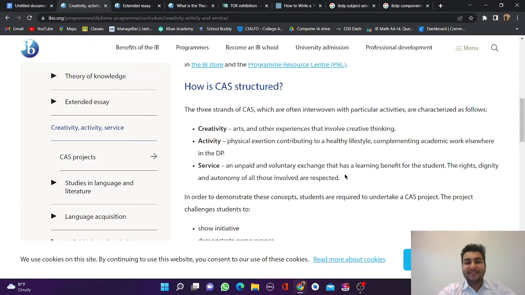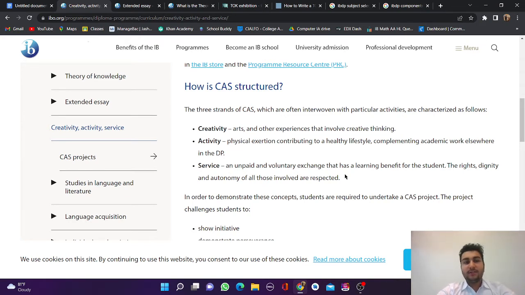So the CAS is an important core of the IB diploma program, and if the CAS is not completed thoroughly, then the school might revoke the diploma, and the diploma will not be provided to the student.